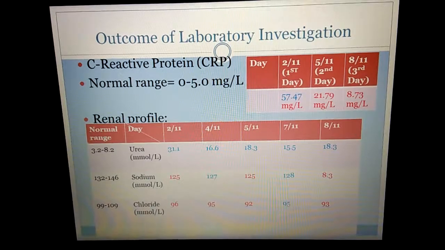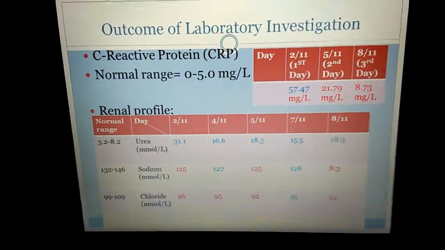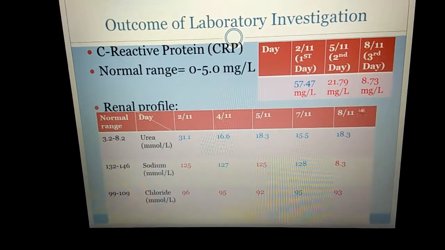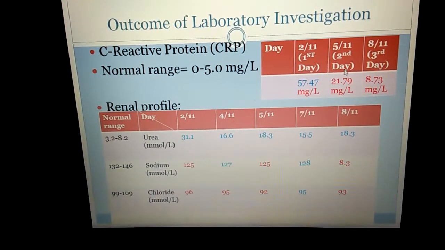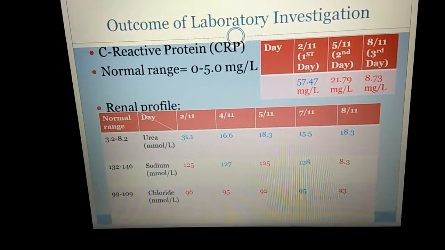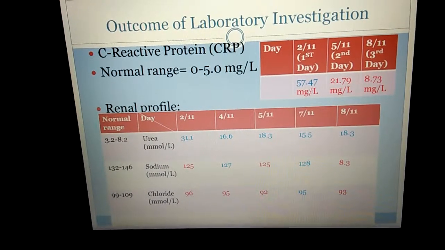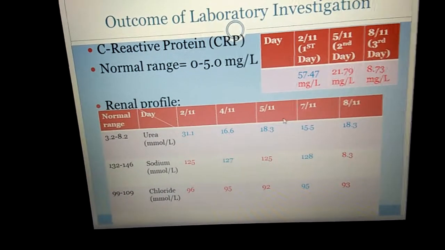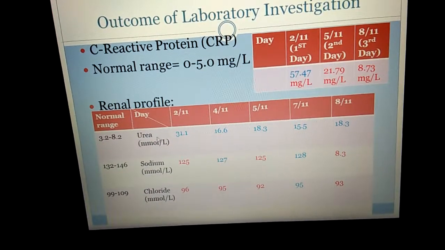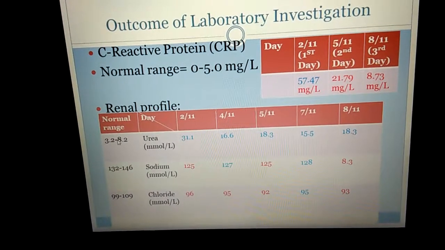For the outcome of the laboratory investigation, this is for the C-reactive protein, that is CRP, and the normal range of the CRP is 0.5. You can see the patient's reading for the CRP is higher than the normal range. For the renal profile, for the urea, the normal range is 3.2 to 8.2.